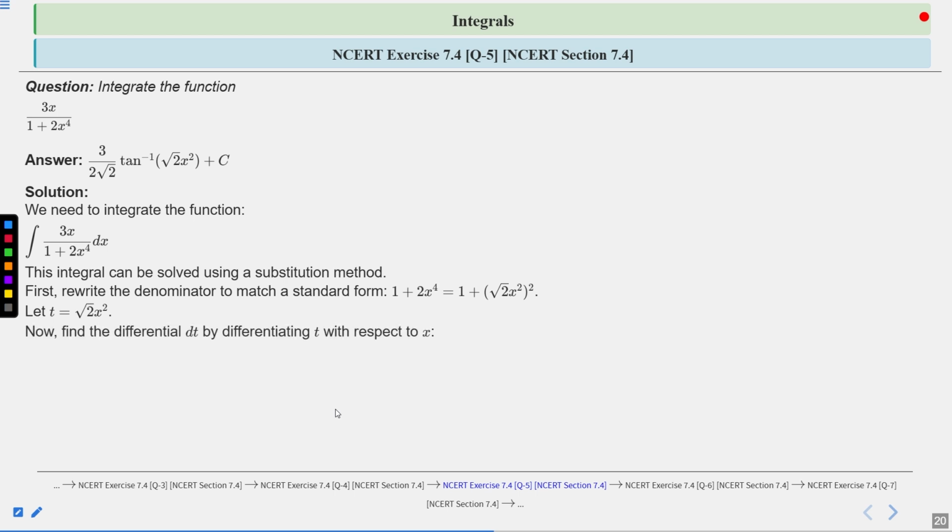Now find the differential dt by differentiating t with respect to x.